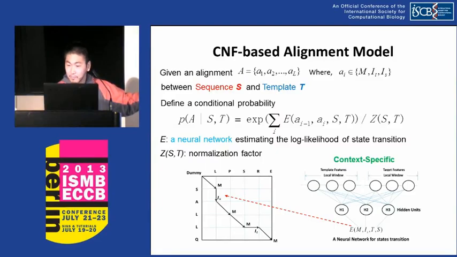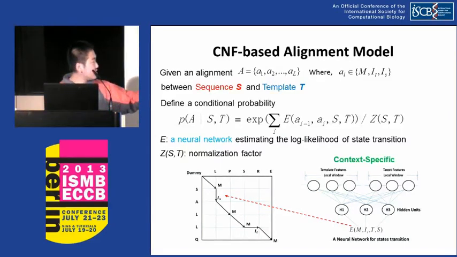That is like a Boltzmann machine, with exponential families and normalization factors. So the training purpose is simply to set the parameters in this function E to maximize the total probability of our training data, that is, the structure alignments.